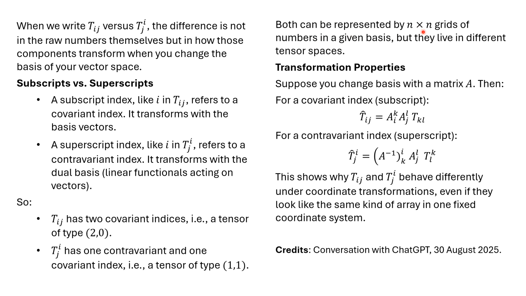So both can be represented by n by n grids of numbers in a given basis, but they live in different tensor spaces. Again, this is going back to some things we talked about towards the end of the previous lesson.